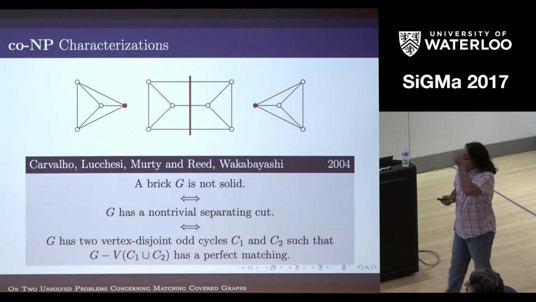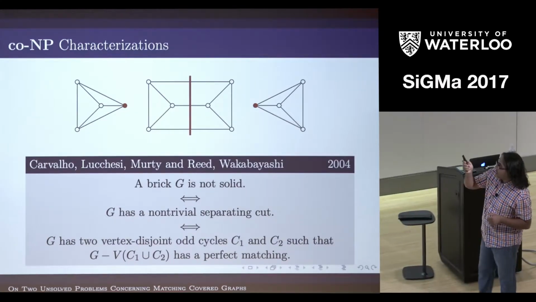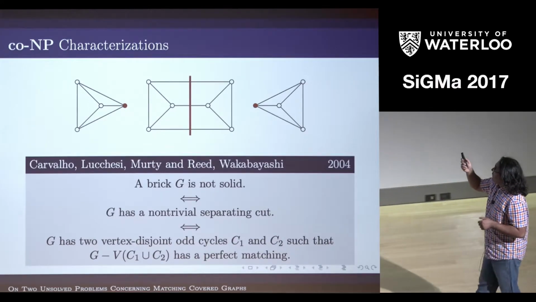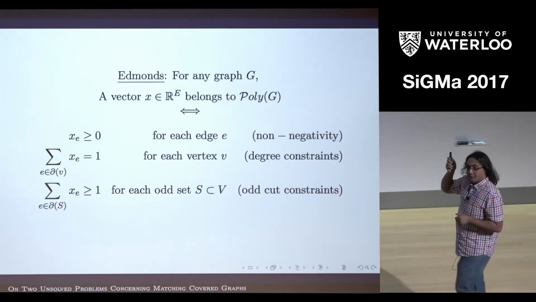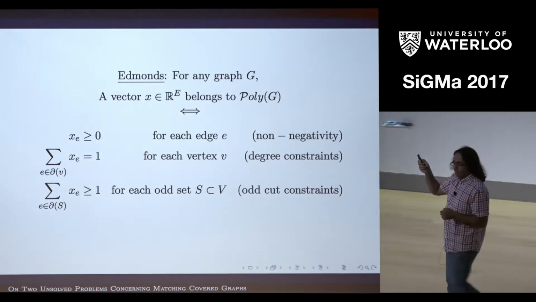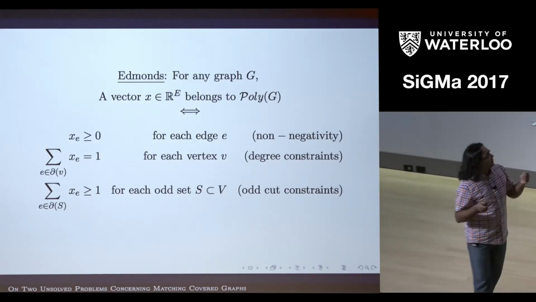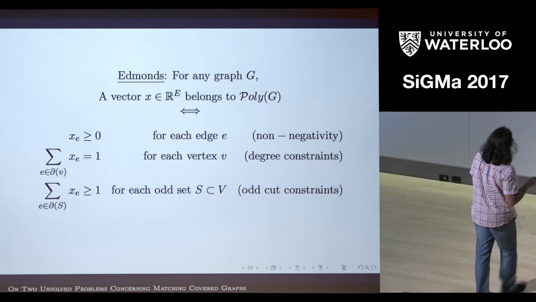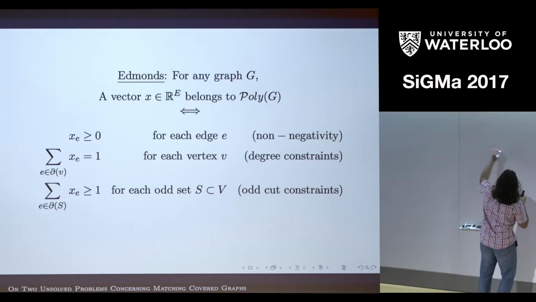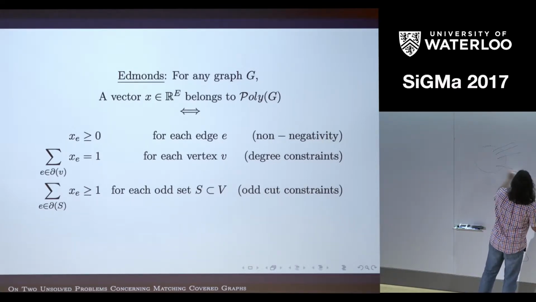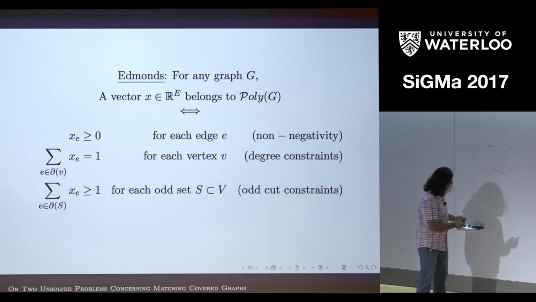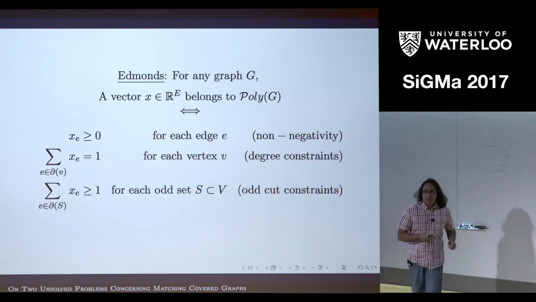Okay. At this point, let me tell you a bit more about the importance of separating cuts in this theory. So we know the result of Jack Edmonds that to characterize the perfect matching polytope of any graph, you just need to add the odd set constraints. So for every odd set of vertices, you need to add the constraint that the sum of the x values over the edges leaving this set is at least 1, because any perfect matching will need to use at least one edge in such a cut.